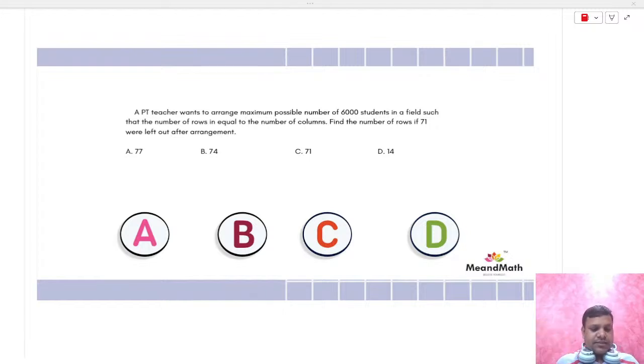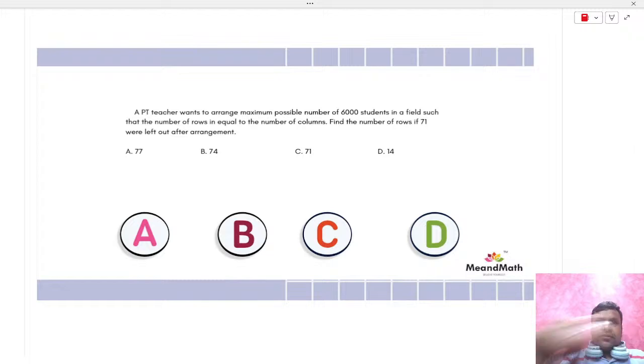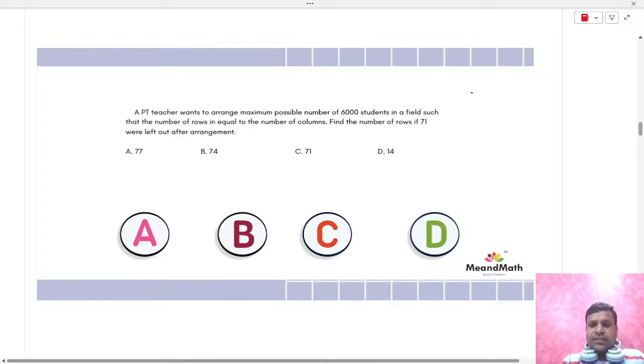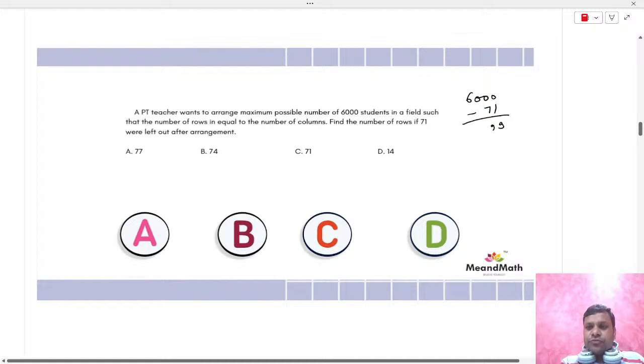Okay, let's solve the question. I give you the hint that you have to subtract 71 from 6,000 because 71 students were left out after the arrangement. So we just remove 71 from 6,000. 10 minus 1 is 9, 9, 5.